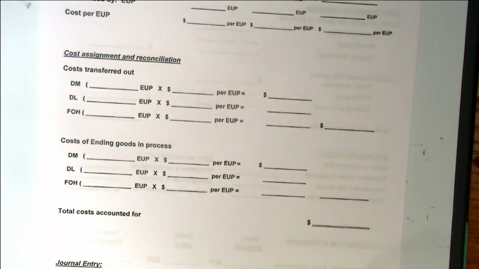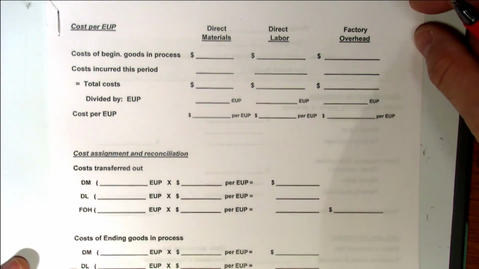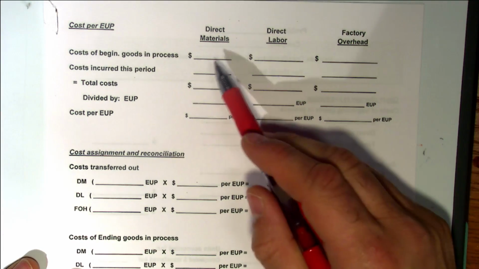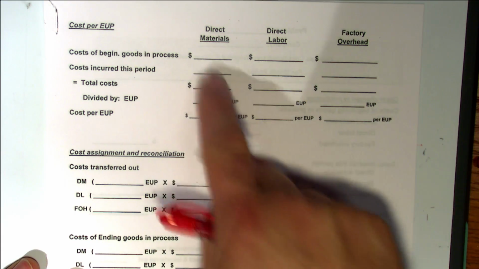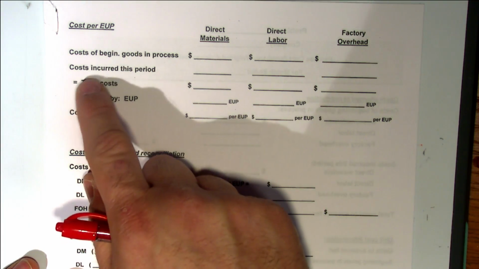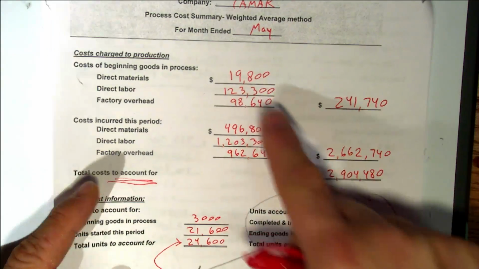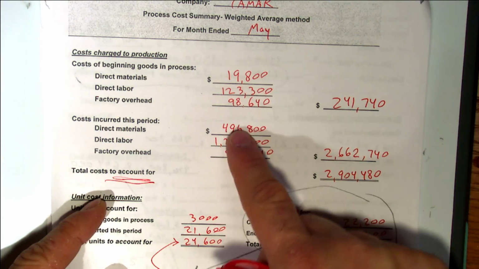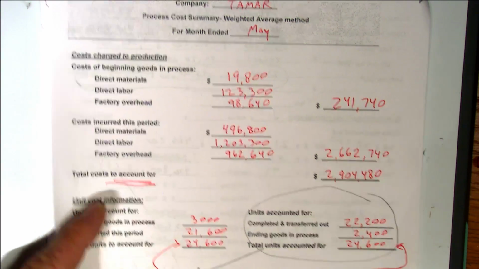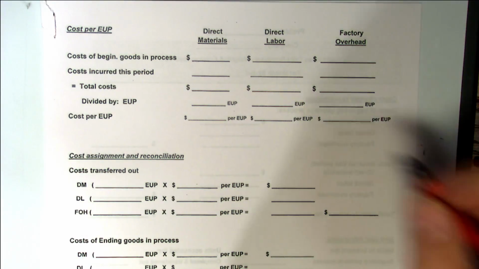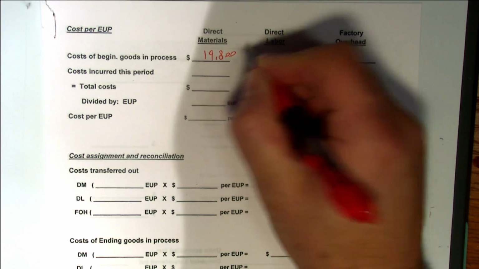Let's figure out our cost per equivalent unit of production. We need to go back to the beginning goods in process amounts for each product cost and the cost incurred this period for each product cost. We have these here, right? So we fill in this data. This is 19,800.